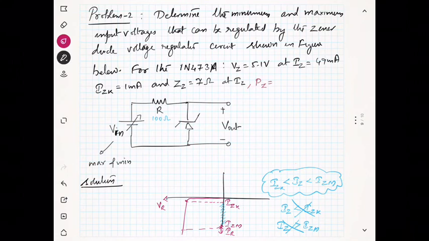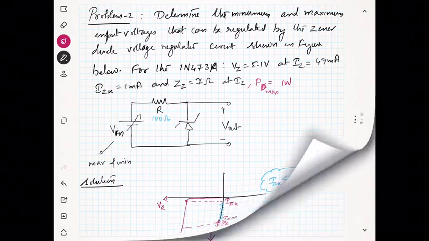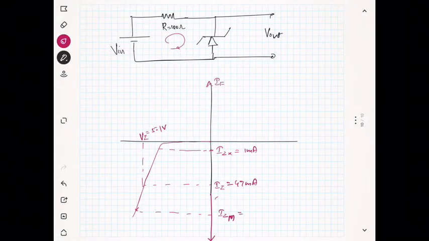PD maximum is given as 1 watt. So you can calculate Izm because power equals voltage into current, that means current is equal to power by voltage. So Izm is approximately 1 watt divided by 5.1 volt, which is equal to 196 milliampere.